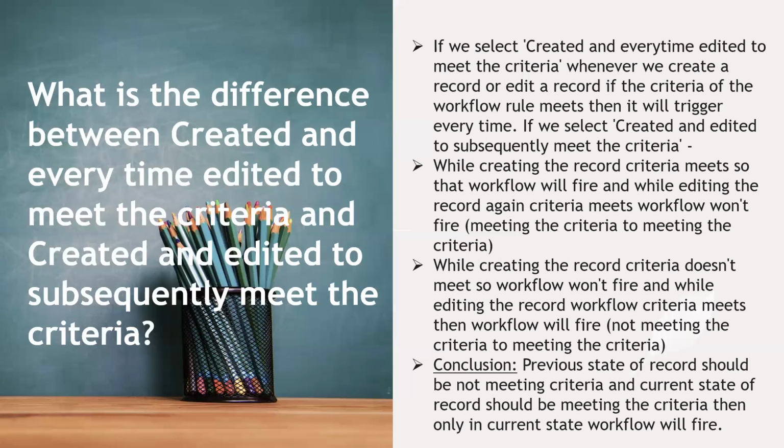See here, if we select created and every time it's edited to meet criteria, whenever we create or edit the record, if the criteria is met, the workflow rule triggers every time.